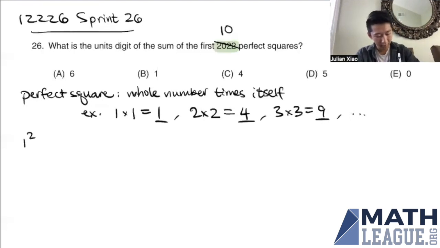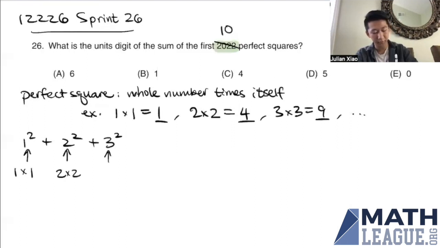So I'm going to write out the first 10 perfect squares. The way that I'm writing this is using a 2 floating above the numbers. So this means 1 times 1, that means 2 times 2, and 3 times 3.